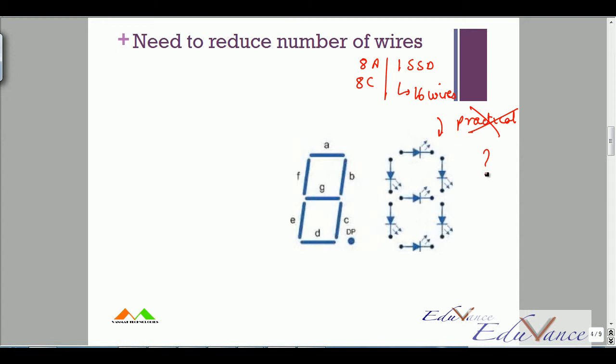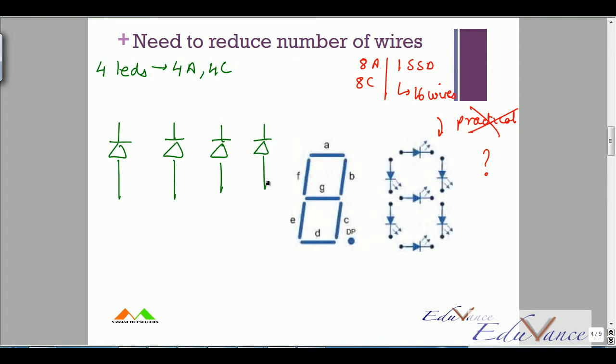Let me explain this by first taking a simple example of just 4 LEDs. Now, if I have 4 LEDs, that would give me 4 anodes and 4 cathodes. So, if I have 4 LEDs, such that I name them as LED 1, LED 2, LED 3 and LED 4. We know that this is the anode and this is the cathode.